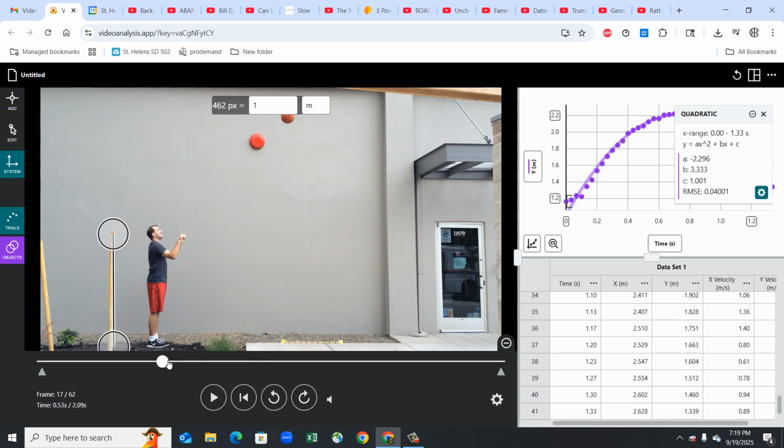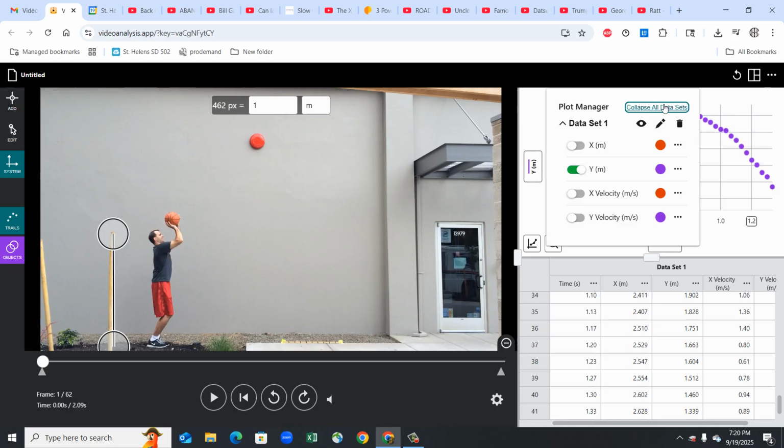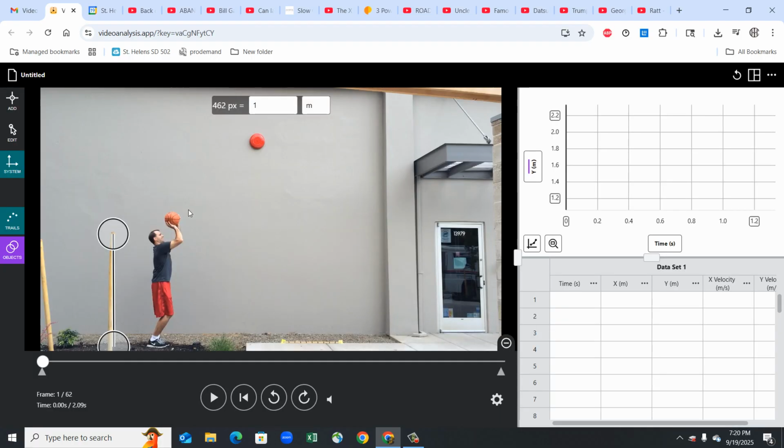Actually, I'm going to try to do this. When you get done, if you don't like this, you can click here and delete the data sets. Perfect. What I can actually do is try this again, and you can play the video out here a ways, scrub it out until he actually leaves his hand. Okay, now it's actually falling.